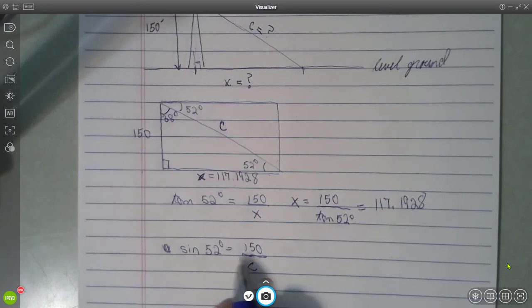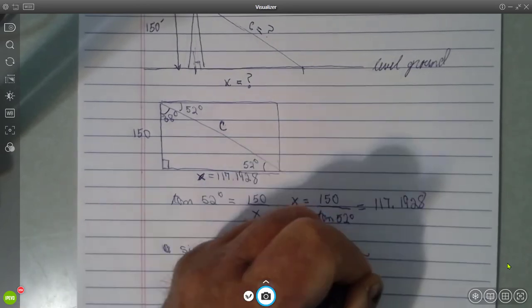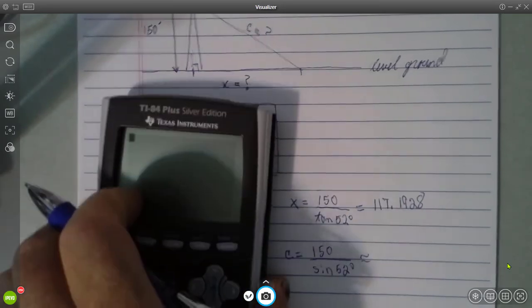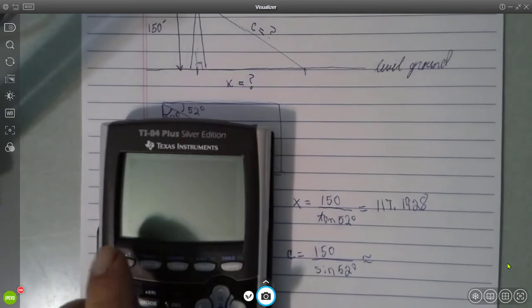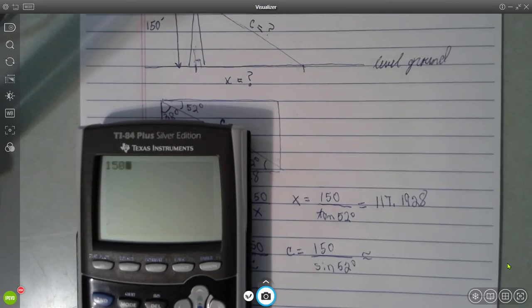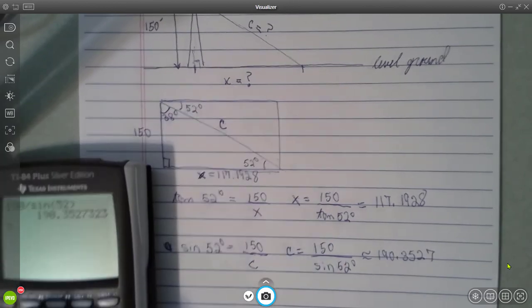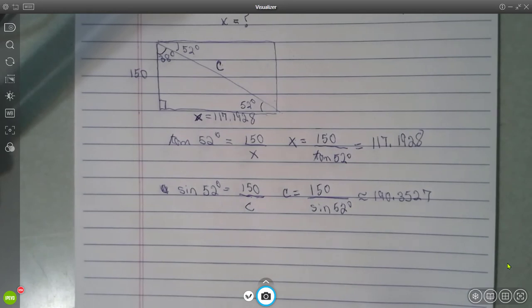And same thing as before, multiply through by c, divide through by the sine of 52. And we'll use our calculator to estimate that. And we get 190.3527.